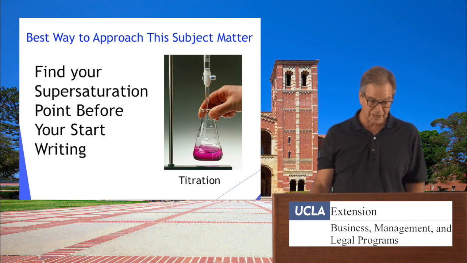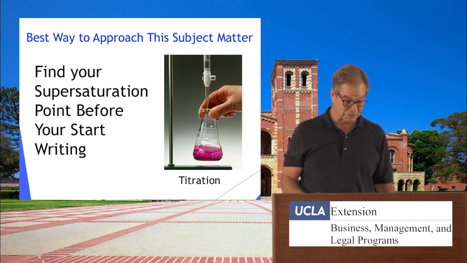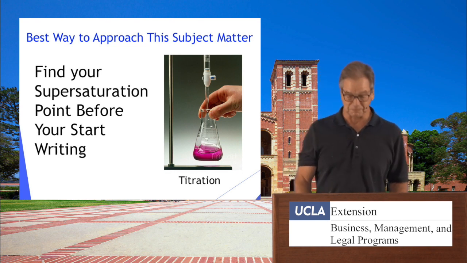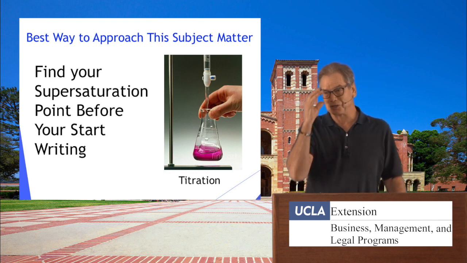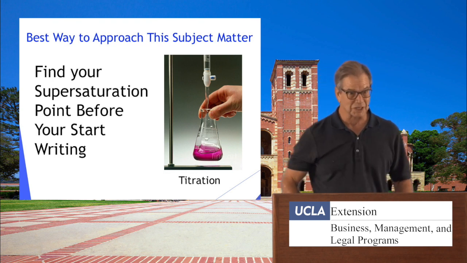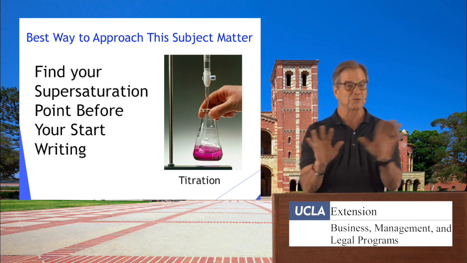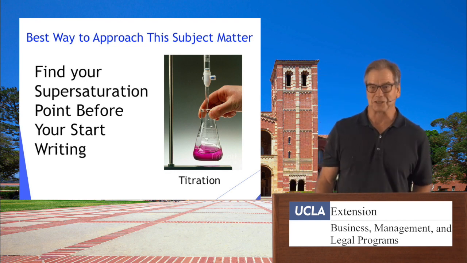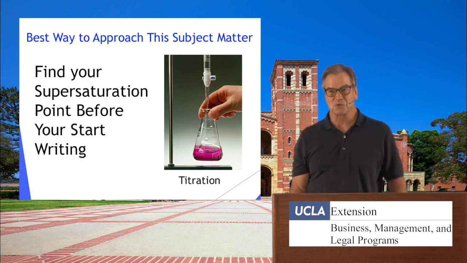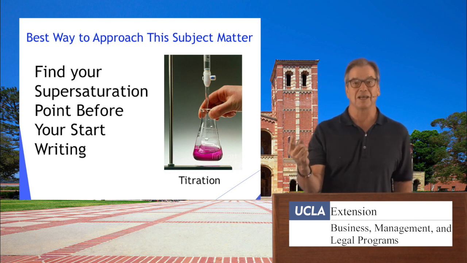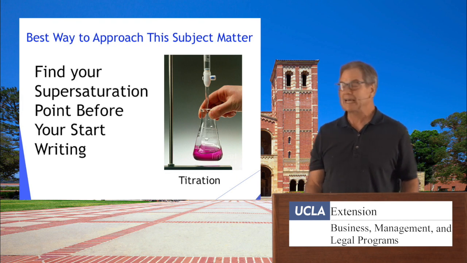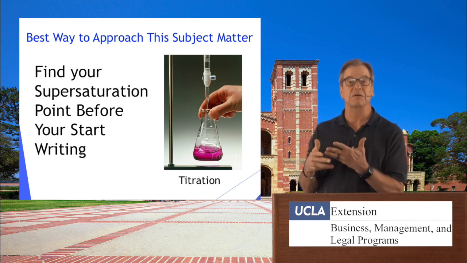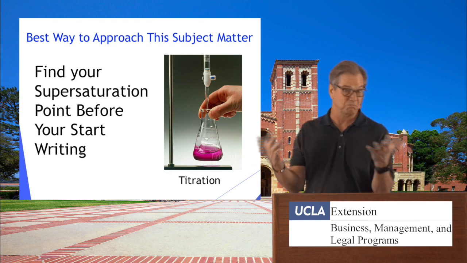What's the best way to approach the subject matter? For those of you who have a background in chemistry, you probably know what a titration is, and I'm presenting it as an analogy. A titration in a laboratory is a way of measuring the content of a substance within a liquid, such as alcohol.